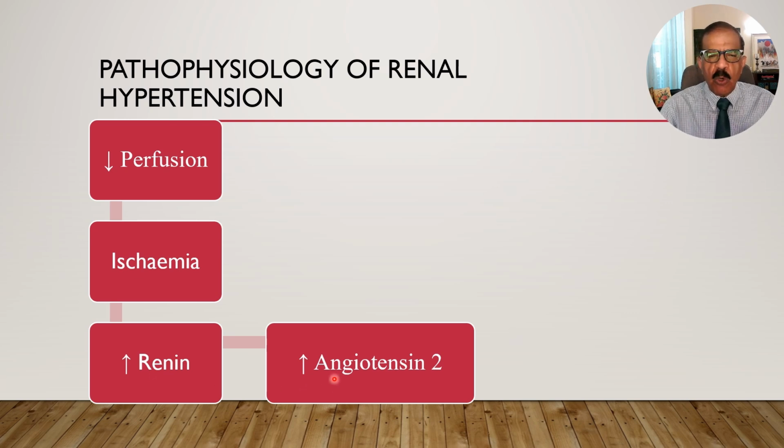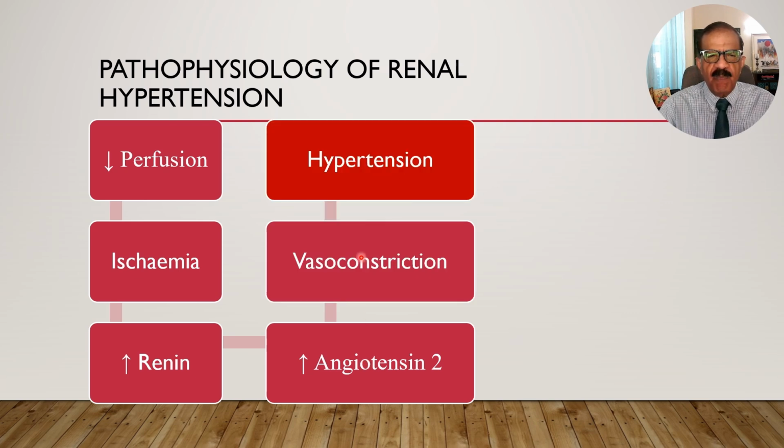Angiotensin 2 has got predominant vasoconstriction effect, and also it stimulates cardiac contractility. So both increased cardiac contractility and vasoconstriction, which is affecting our entire arterial system, the whole body arterial system, will be there will be contraction, and that would lead to hypertension. So I think this is the mechanism.